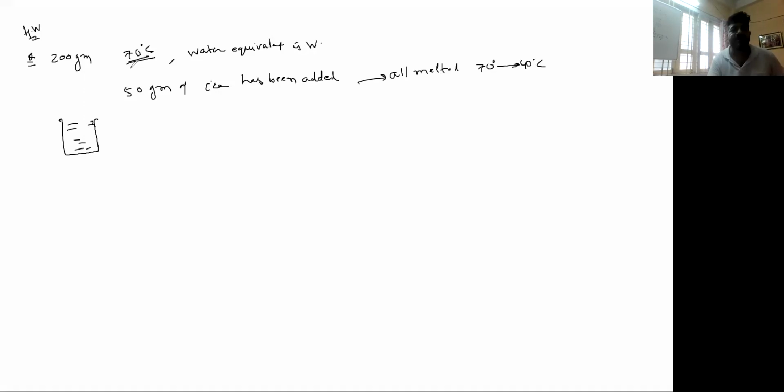Initial temperature was 70. So what happened: a container has 200 gram of water at a temperature of 70 degrees Celsius. In this we added 50 gram of ice. The temperature of the ice is not mentioned, meaning they are all at 0 degree centigrade. All melted, and now the temperature of the system is 70 to 40 degrees centigrade. Is it clear?